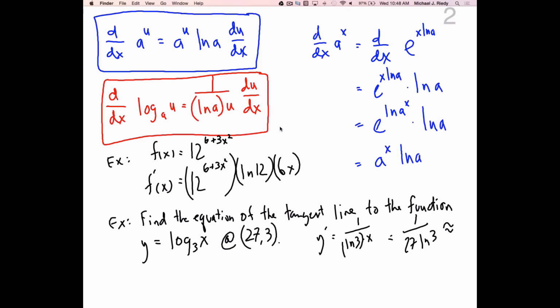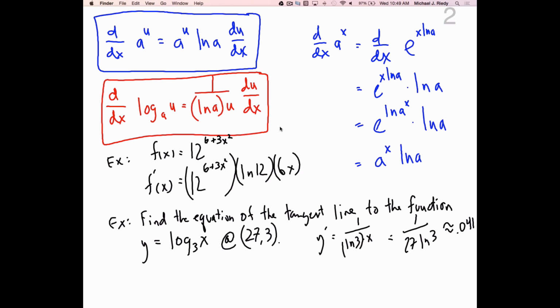The natural log of 3 times 27? No, it'd be 3 to the 27th. Log property, number on the front can be moved in there. Okay. What's the answer? 0.041.